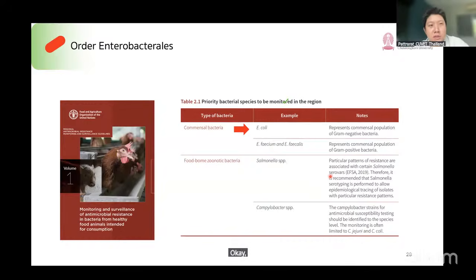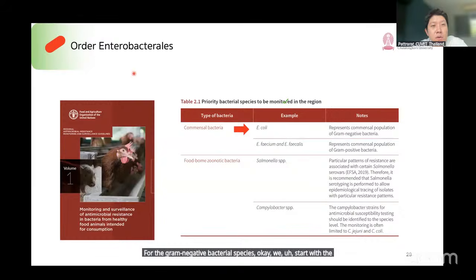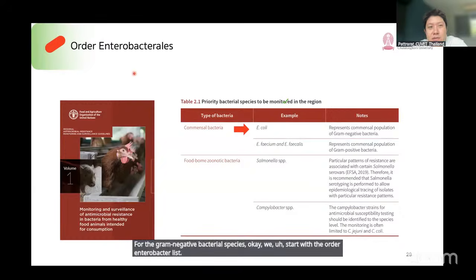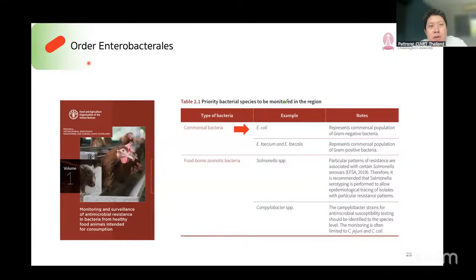Okay, we continue with the gram negative. For the gram-negative bacterial species, we start with the order Enterobacterales. The type species is E. coli.